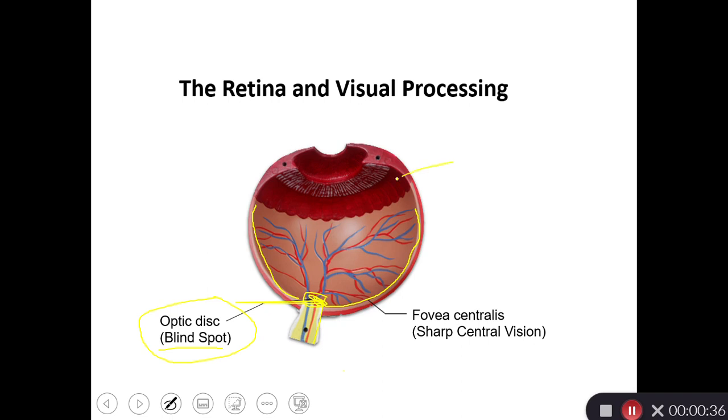So if any vision images come here, we will not be able to see them. On the other hand, the fovea centralis has the clearest vision, responsible for the sharp central vision.